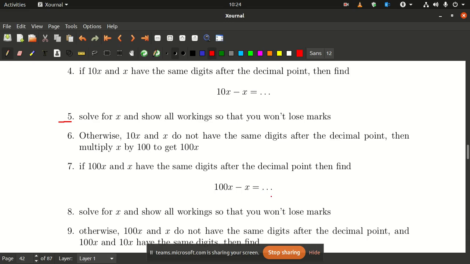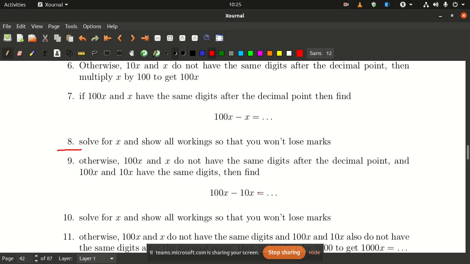Of course, you will end up getting a whole number if the numbers after the decimal point are the same. Then you solve for x and show all your workings so that you won't lose marks. Otherwise, if the numbers are still not the same, you multiply by 1,000 and you continue in that fashion. Do you want us to take an example, or are these steps enough?